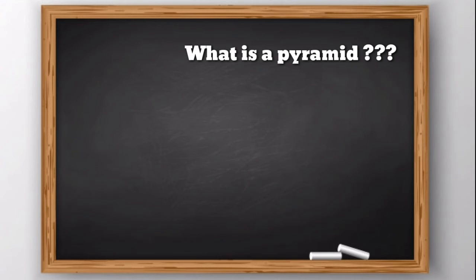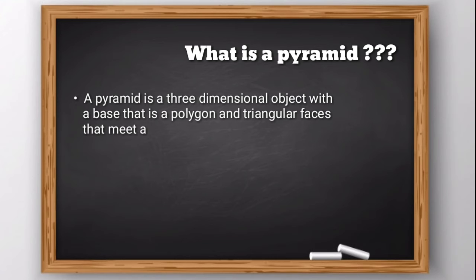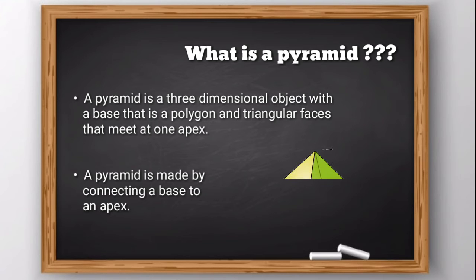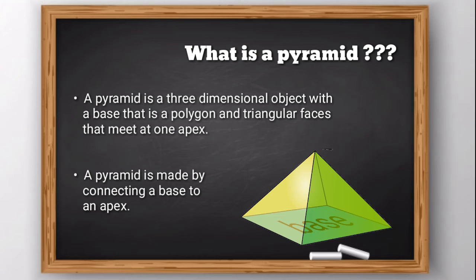Before we discuss the surface area and volume of a pyramid, we must know what a pyramid is. A pyramid is a three-dimensional object with a base that is a polygon and triangular faces that meet at one apex. A pyramid is made by connecting a base to an apex. The picture is like this.